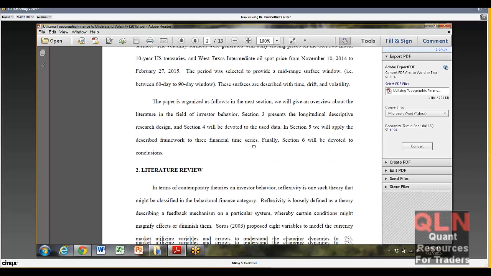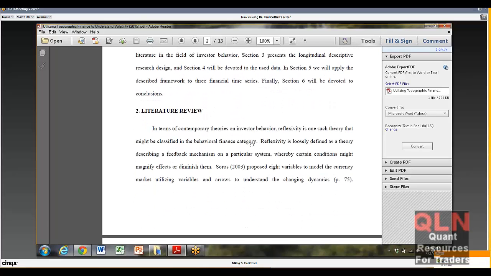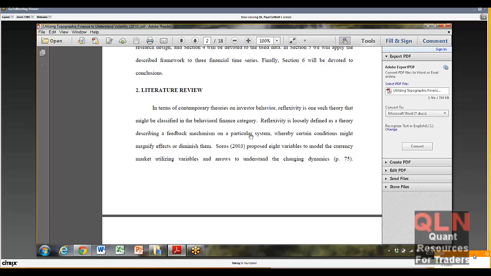All right, now the literature review. It was a small literature review for this paper. I cite Soros in his book on the alchemy of finance and how he uses notation to describe the currency market dynamics.